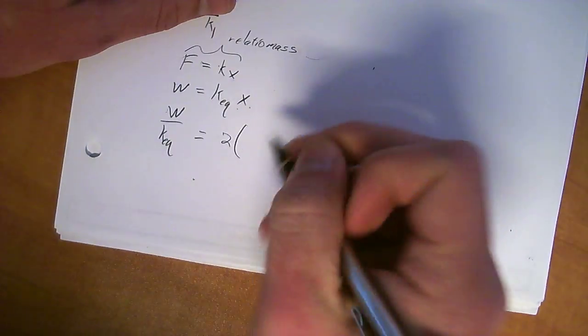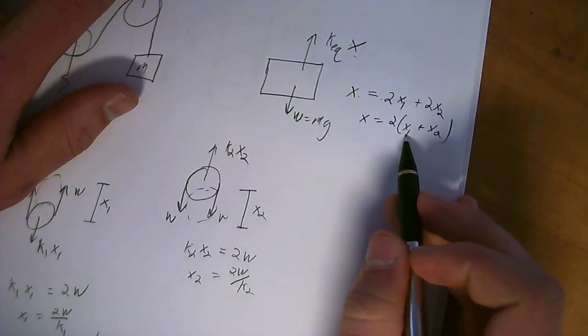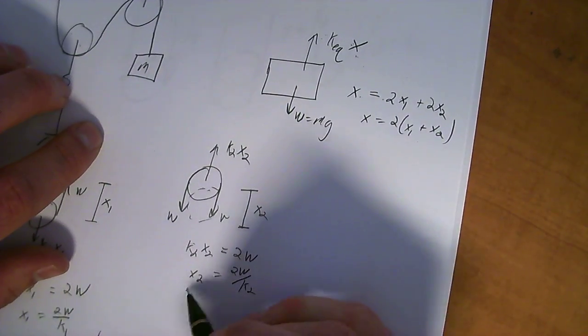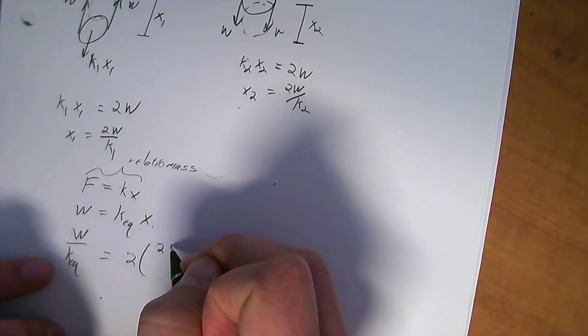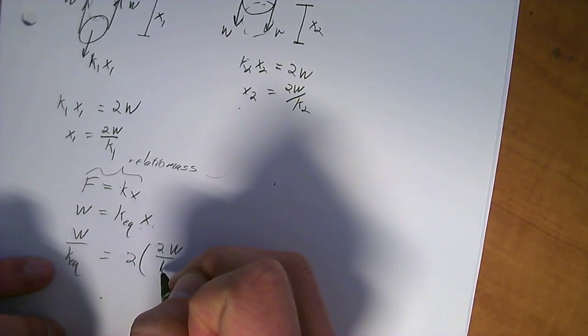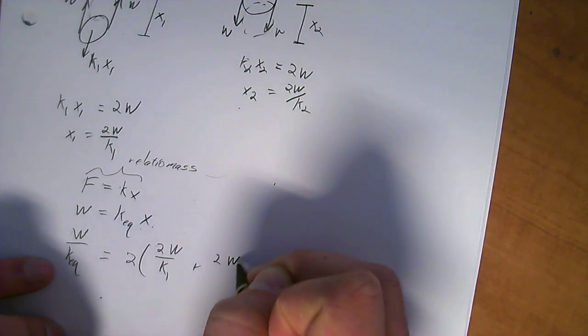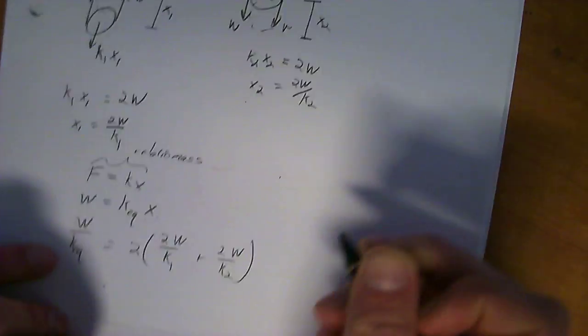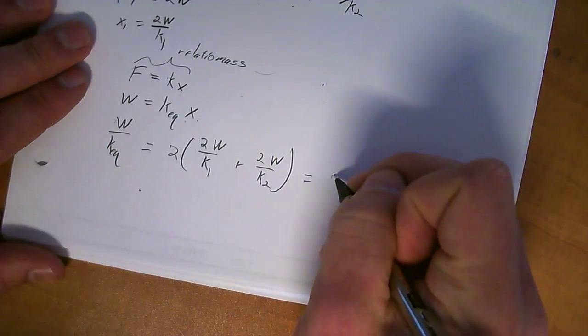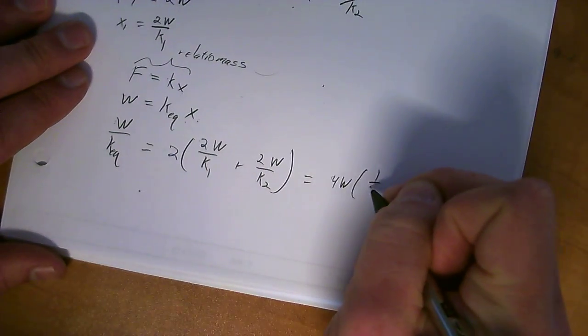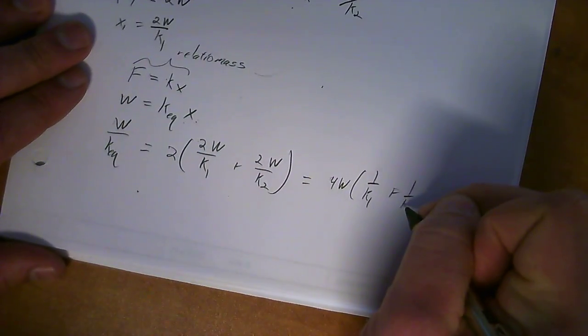2, since we're substituting in x1 and x2, 2 times x1 plus x2, which is going to be 2w over k1 plus 2w over k2, which is then equal to 4w times 1 over k1 plus 1 over k2.